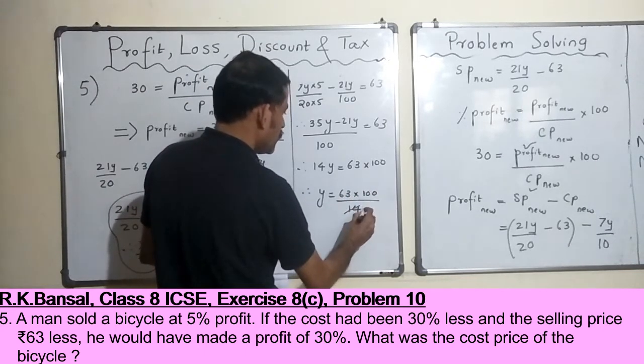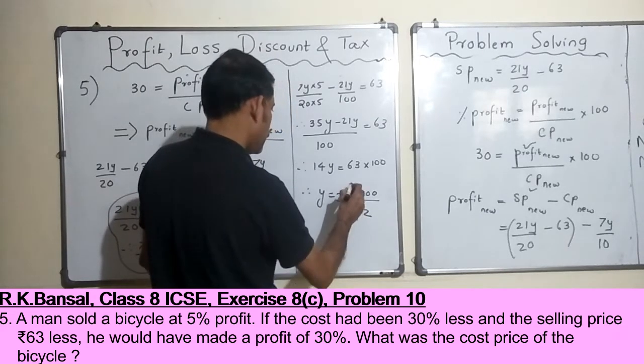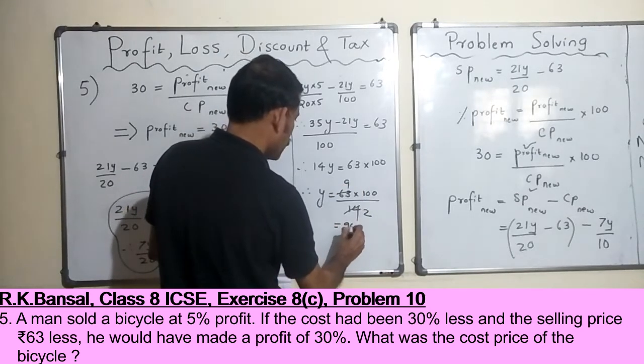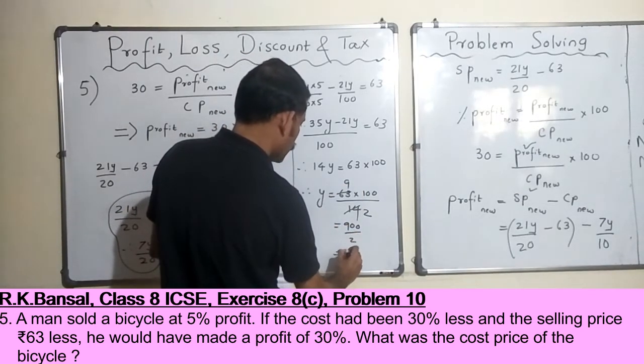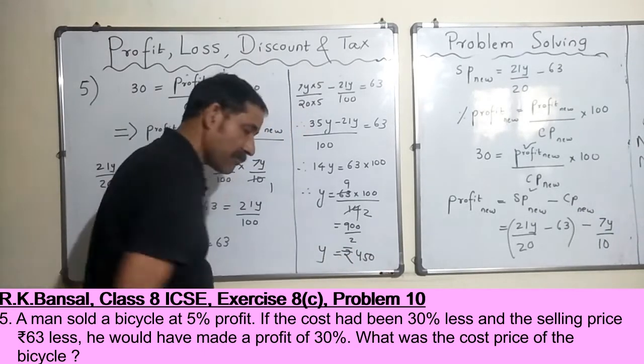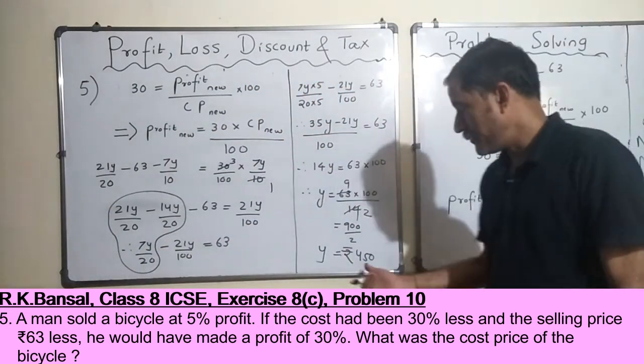7 2s are 14, 7 9s are 63. So 900 by 2 is equal to rupees 450. Cost price of the bicycle is 450 rupees.